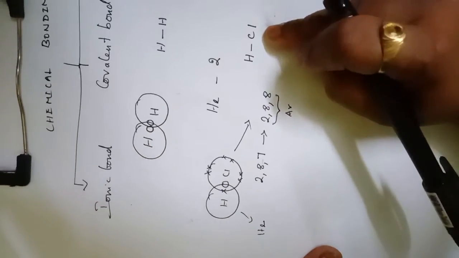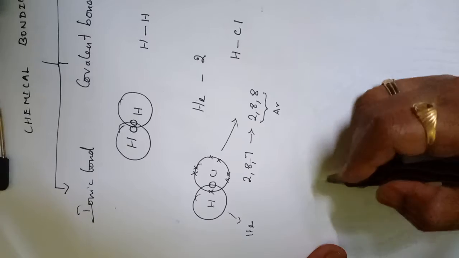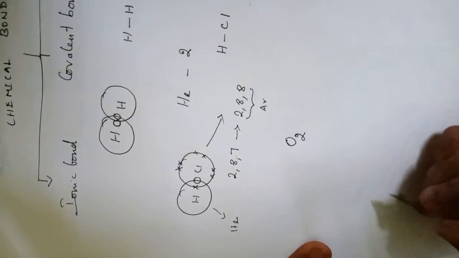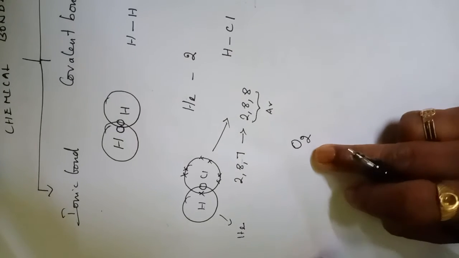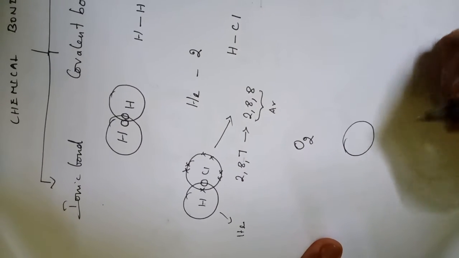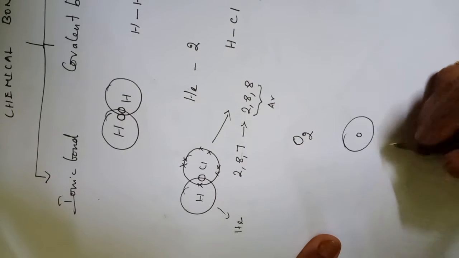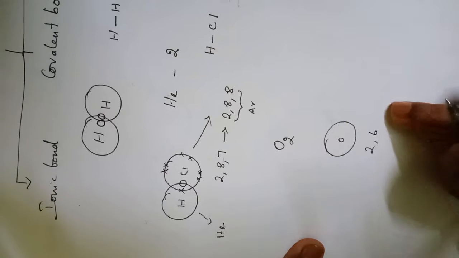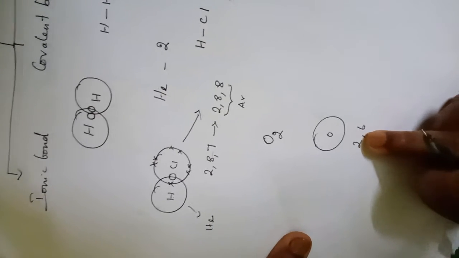It's a single bond. So for example, if it is a bonding in the oxygen molecule O2, oxygen has 6 electrons in the outermost shell. So its electronic configuration is 2, 6, so that it needs 2 electrons to become octet.